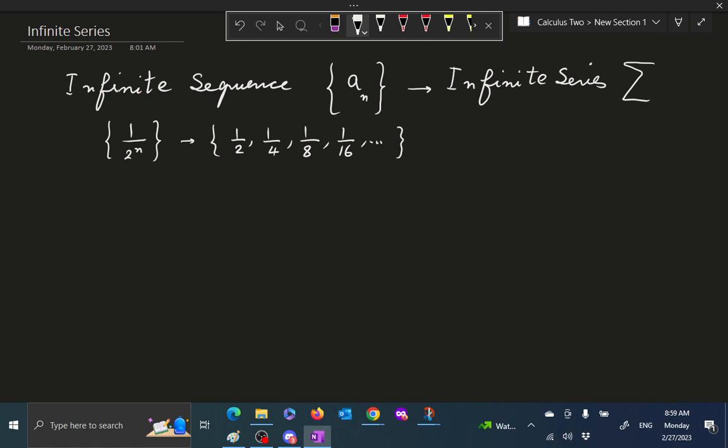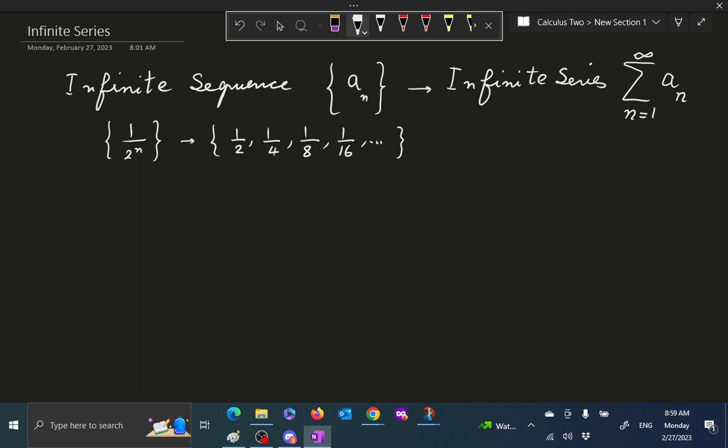So we write it like the sum of, so this big sigma letter, and then the term of this sequence with some index, and then we indicate where the index starts, typically at 1, sometimes at 0. And then for an infinite series, we always go all the way to infinity.